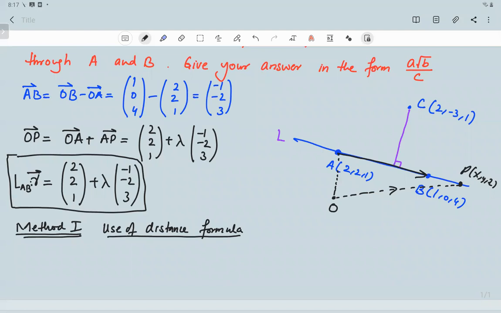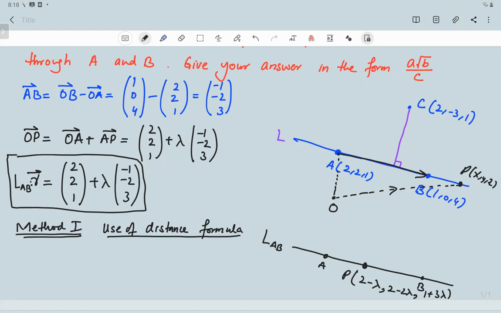How do we use the distance formula? You know that in this line AB, which passes through point A and point B, its general point P is equal to (2 minus lambda, 2 minus 2 lambda, 1 plus 3 lambda).